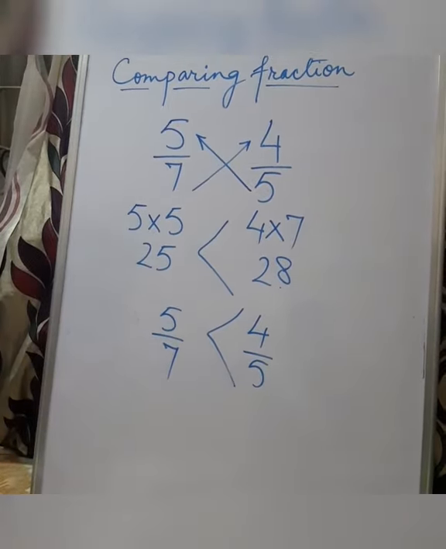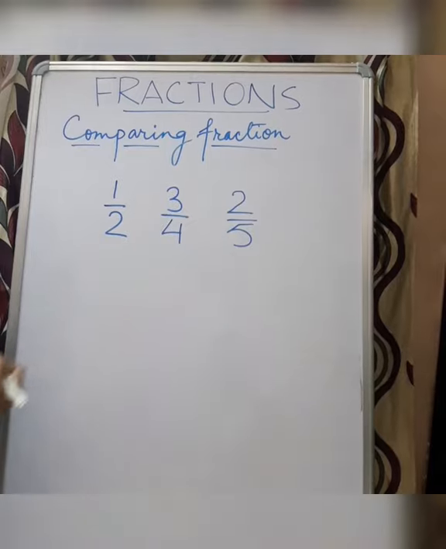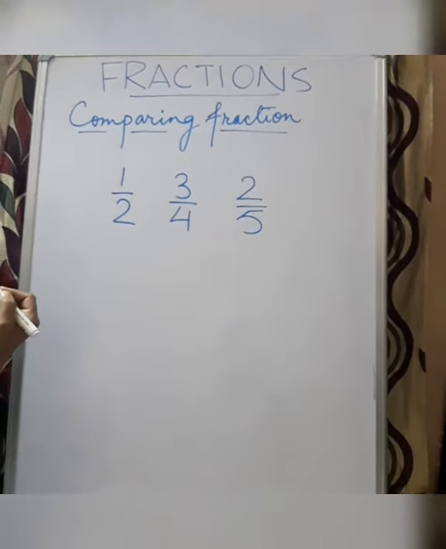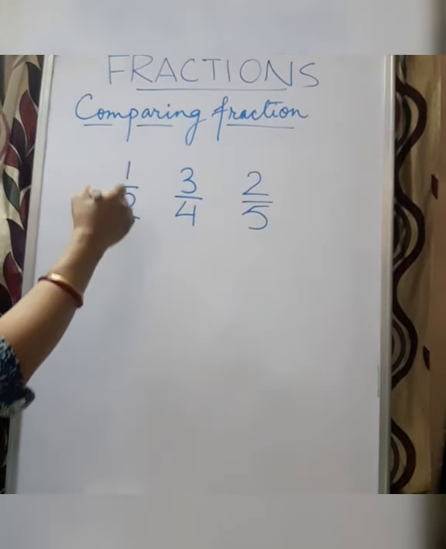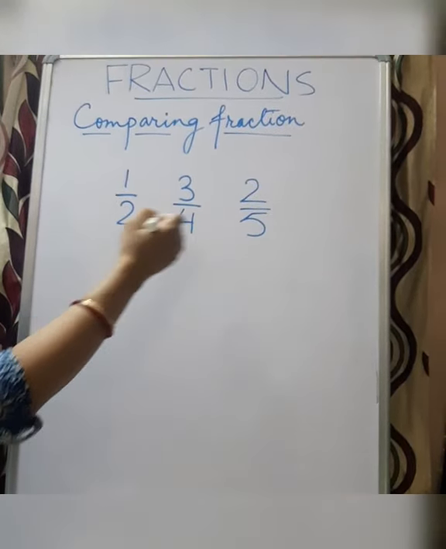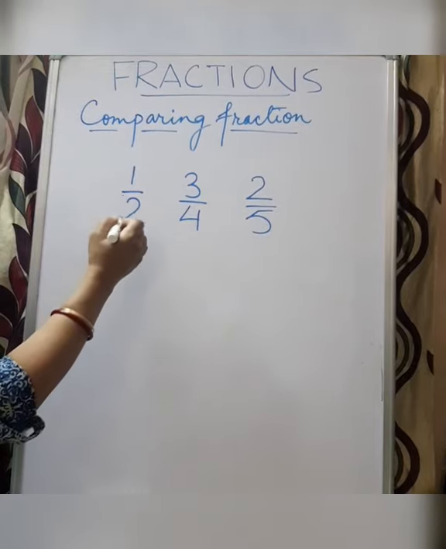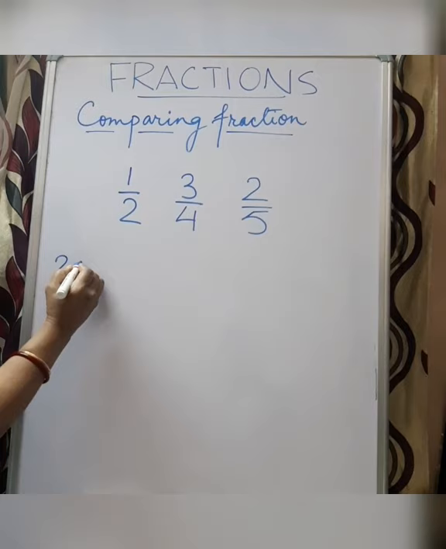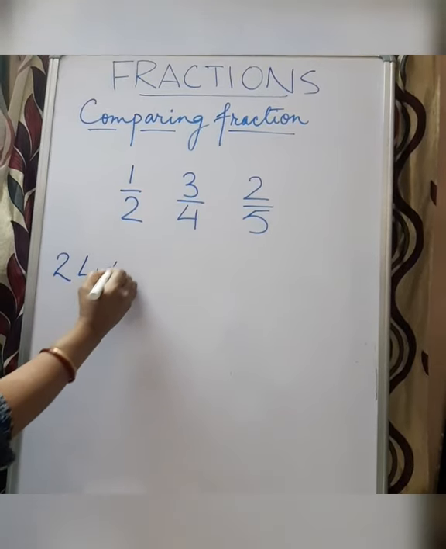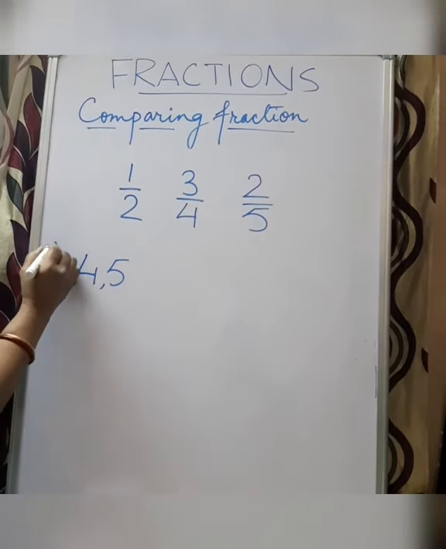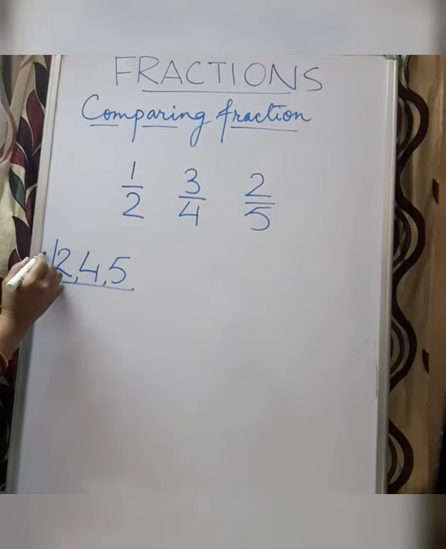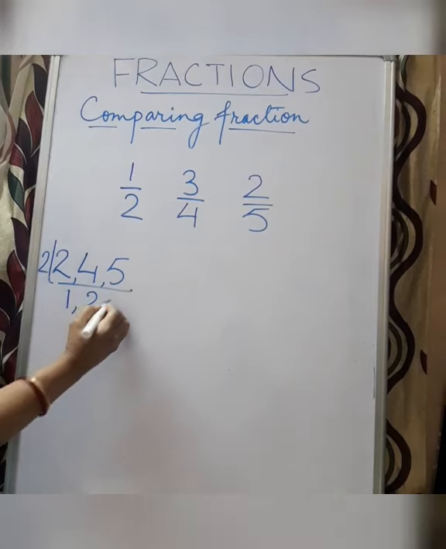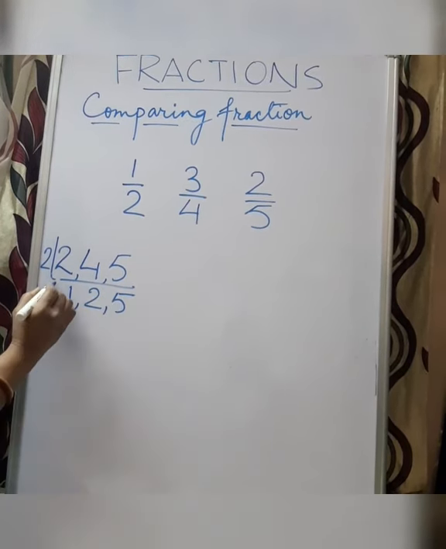When we have to compare 3 unlike fractions, we have to make the denominators the same. So the denominator that fits all of these will have to be a multiple of all of them. So we have to find the lowest common multiple, that is LCM, and for finding the LCM we will do the common division method. 2 ones are 2, 2 twos are 4 and 5 is not divisible, so we will bring down 5 as such.